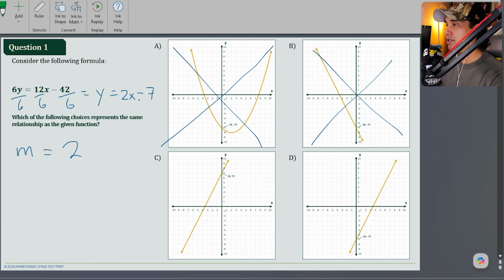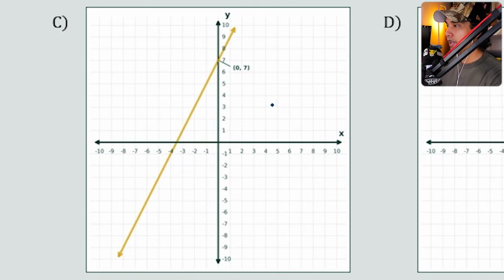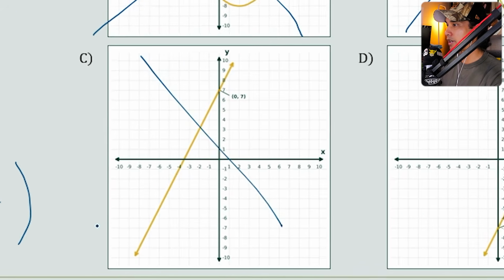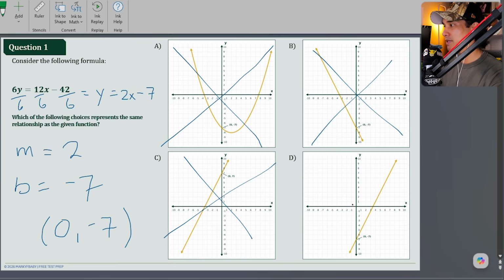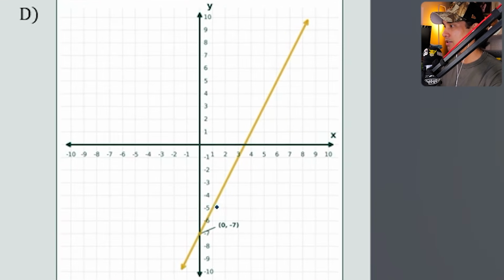Our y-intercept is at negative 7, or the ordered pair (0, -7). We look at C, and we see that the y-intercept is at (0, 7), so we can get rid of C. That leaves us with D, and the y-intercept is in fact at (0, -7).